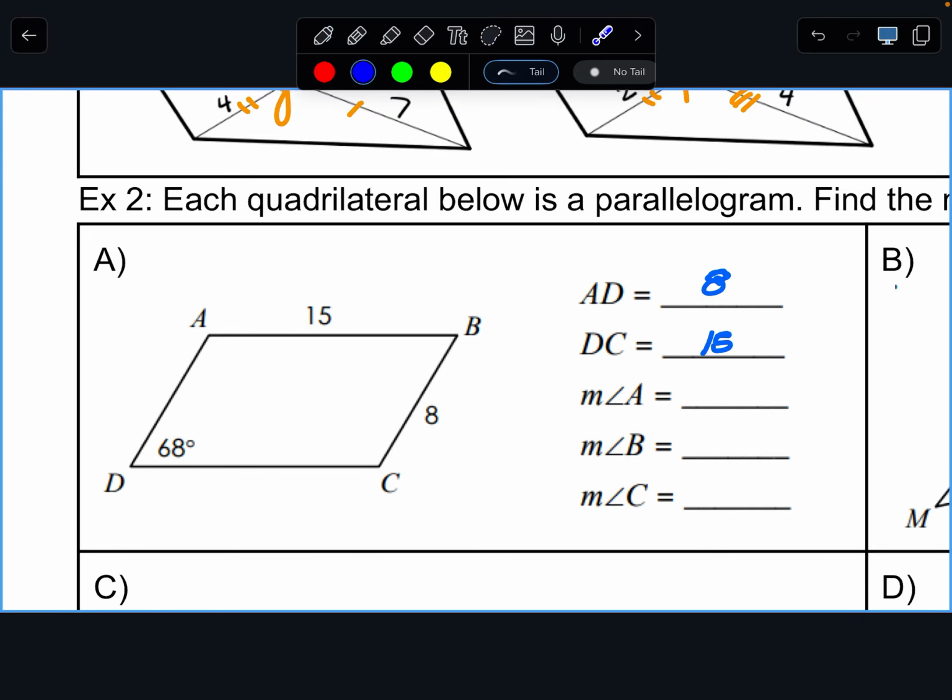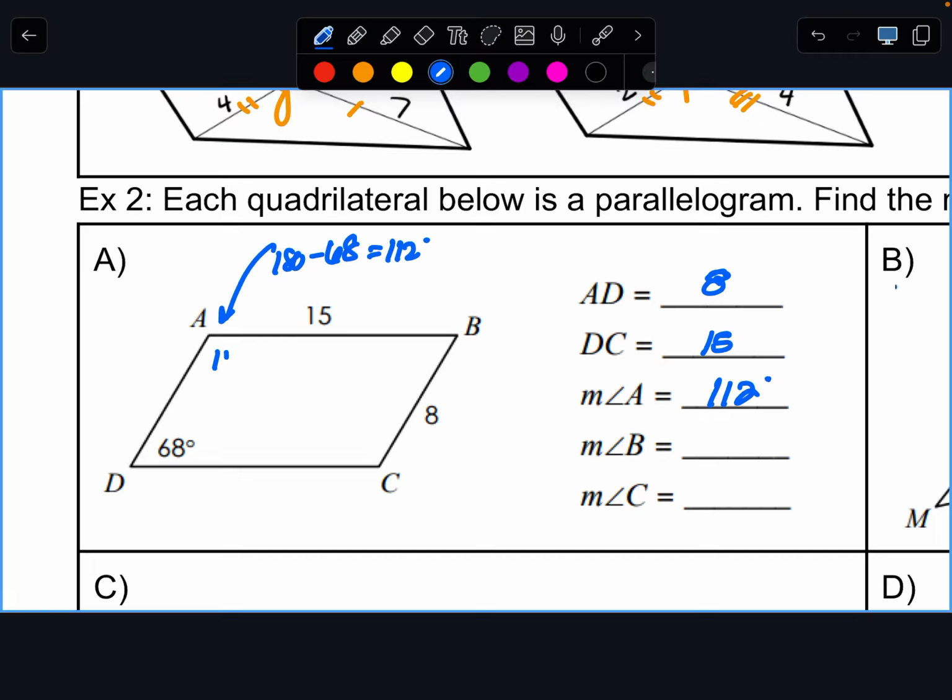So then we need angle A. The only way I have to find that right now is to know that those two together have to equal 180. So this angle is 180 minus 68, which is 112. Is that right? Yeah.